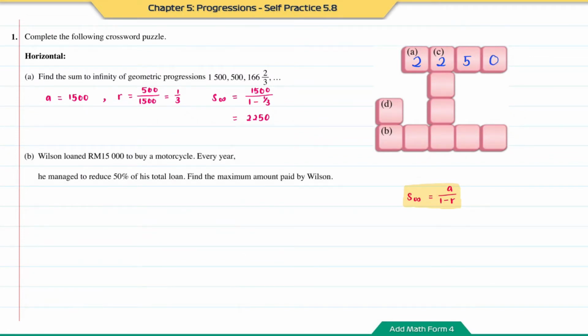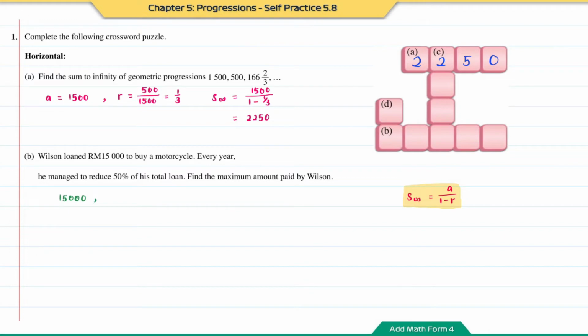Question B. Wilson loaned RM 15,000 to buy a motorcycle. Every year he managed to reduce 50% of his total loan. Find the maximum amount paid by Wilson. The loans paid by Wilson each year will form a geometric progression. It starts with 15,000.